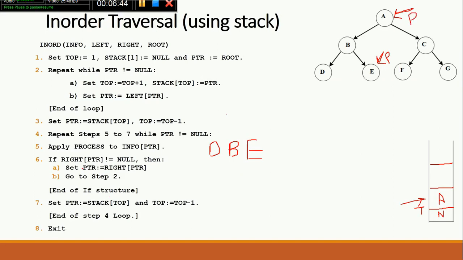Step number 6 is not going to work because it does not have a right child. Whatever I have in the stack top, copy to the PTR. So the PTR will jump here and top is equal to top minus 1.